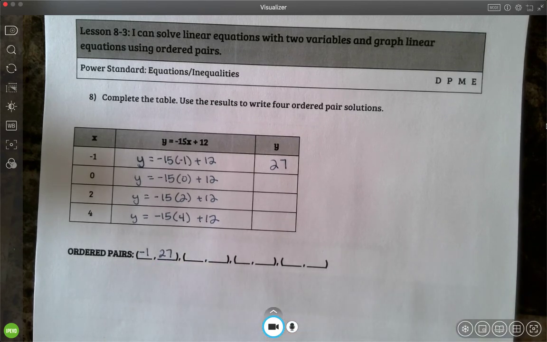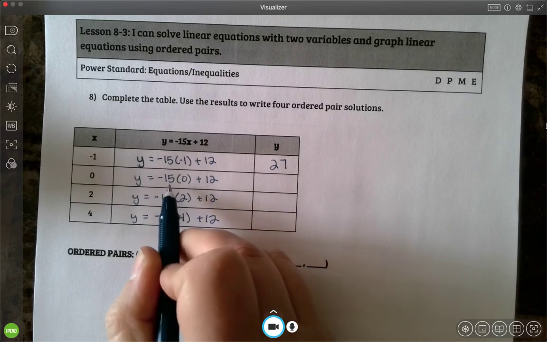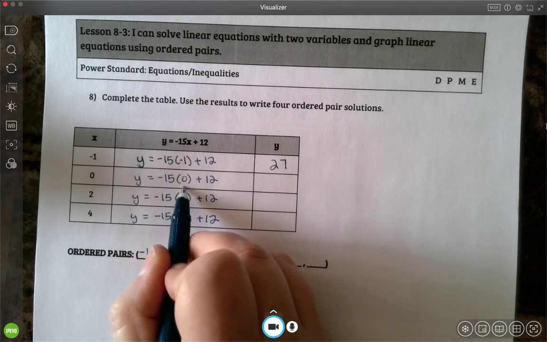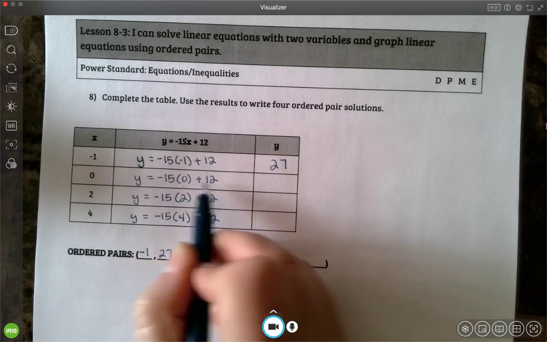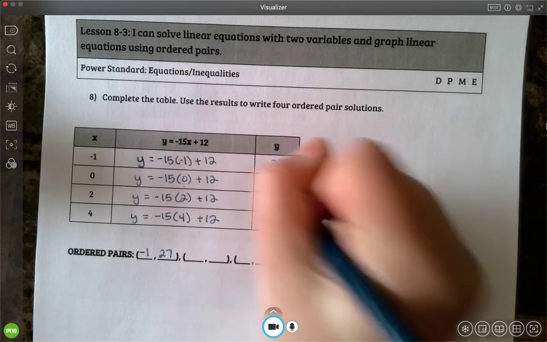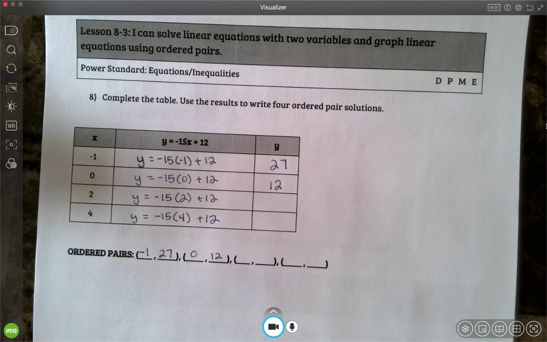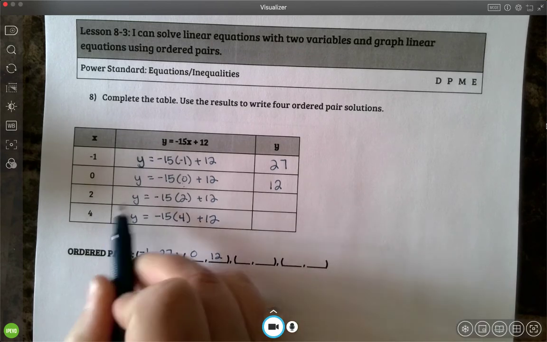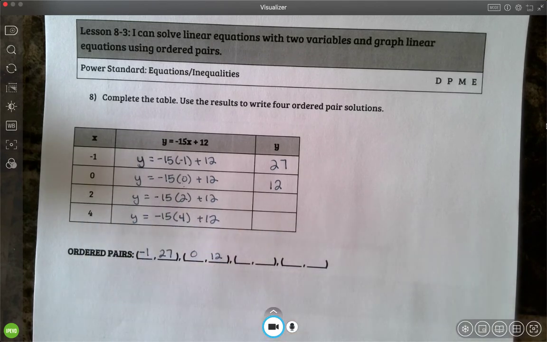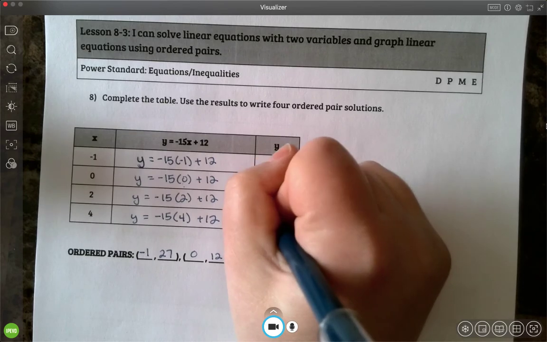Now let's look at the next one. Negative 15 times 0 is 0. 0 plus 12 is 12. So my second ordered pair is 0, 12. Multiply by 2. Negative 15 times 2 is negative 30. Negative 30 plus 12 is negative 18.